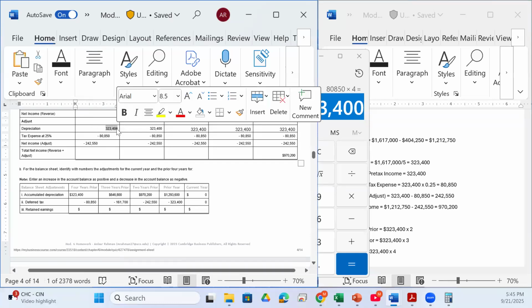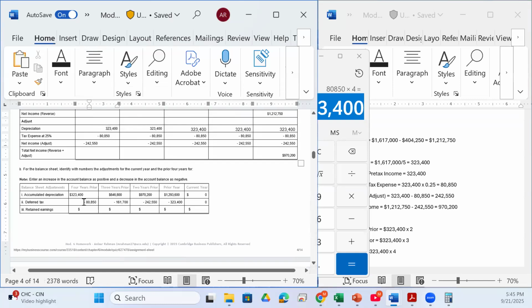Depreciation expense increase, pre-tax income decrease, that should reduce tax expenses. That's why you have a minus. So these are actually not liabilities. These are our assets. So our deferred tax should be decreased by this amount.